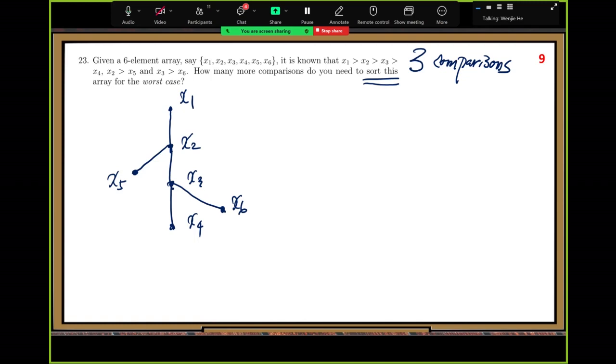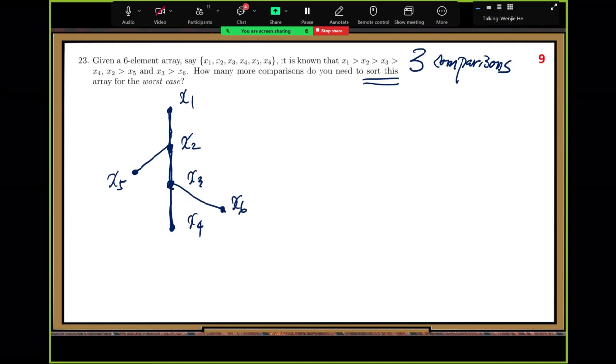To do that, we know first there is a partial array already ordered. This ordered chain is 4 elements long.